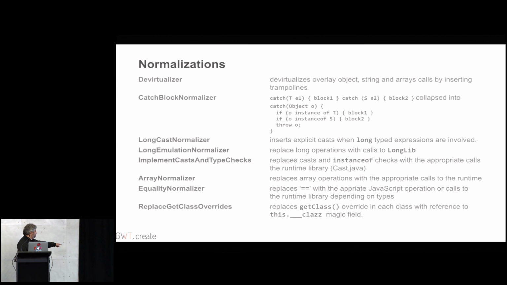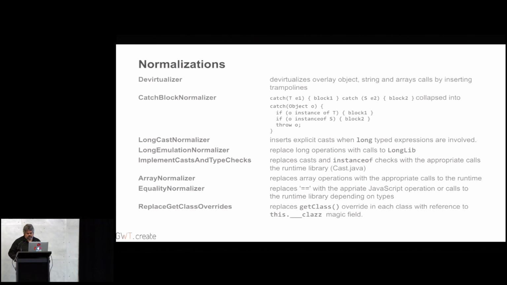Lastly, this is a very specific pass. Normally in Java you would have a get class for each class that you have. Normally, most of them are not even used. So we get rid of all of them and replace all the calls to get class with a reference to the property class, which is a property on the object.